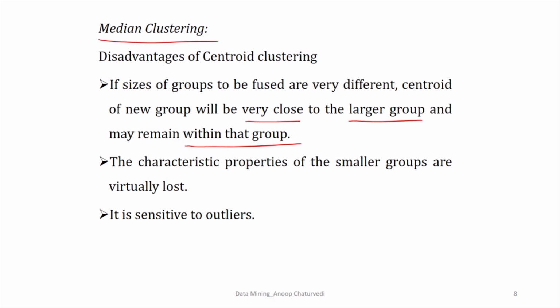Say, suppose one group is very large and another group is very small, and you are calculating the centroid for larger group and centroid for a smaller group, and then ultimately when we fuse these two groups, the centroid of the fused group will remain closer to the centroid of the larger group.